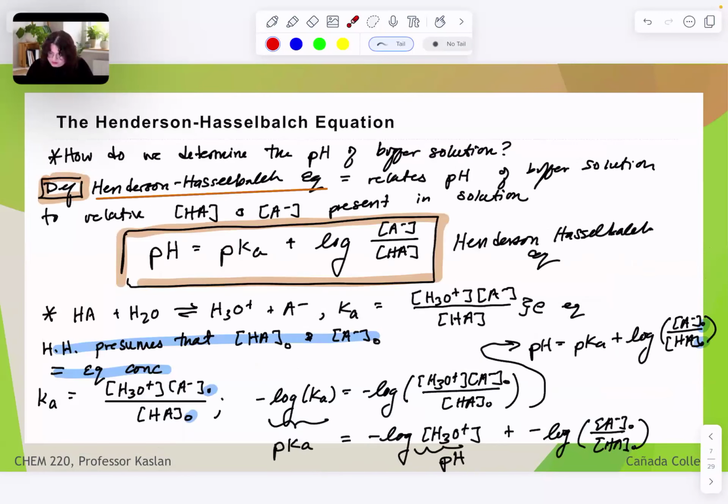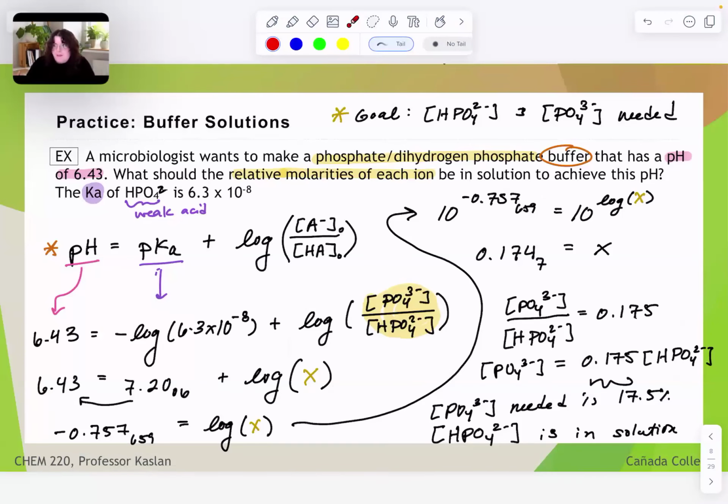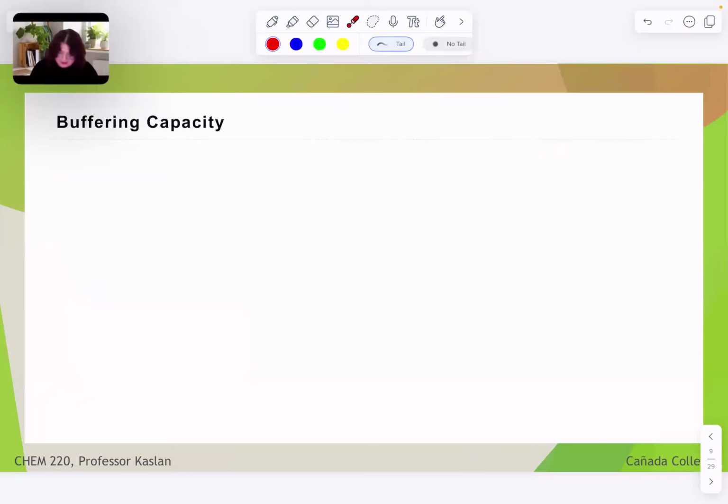So when describing the capacity or the ability of a solution to resist changes to pH, it is able to hold up against these changes to pH over some range. And we call that the buffering capacity.